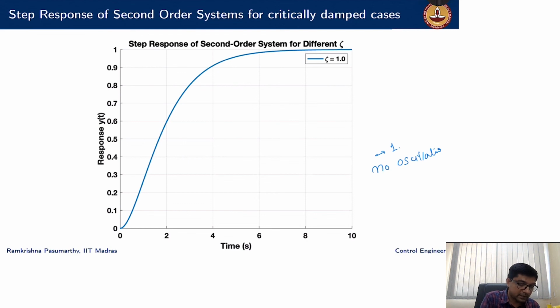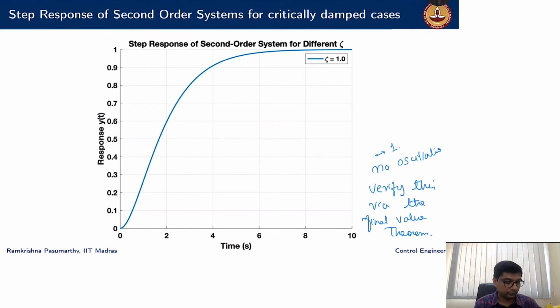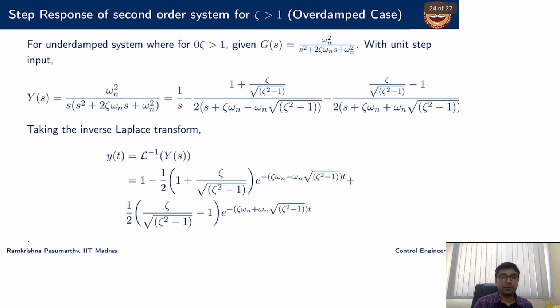As a little exercise, verify this via the final value theorem. Then, what happens when zeta goes greater than 1?